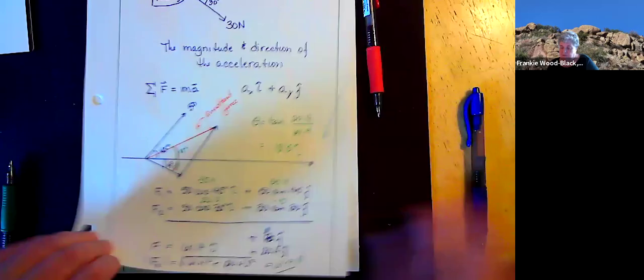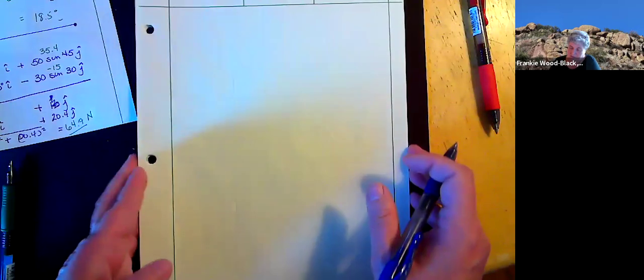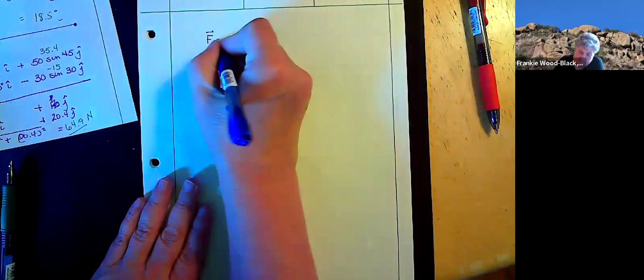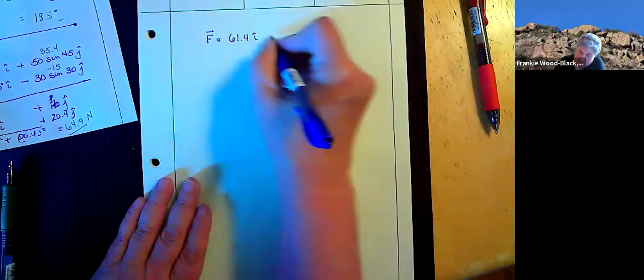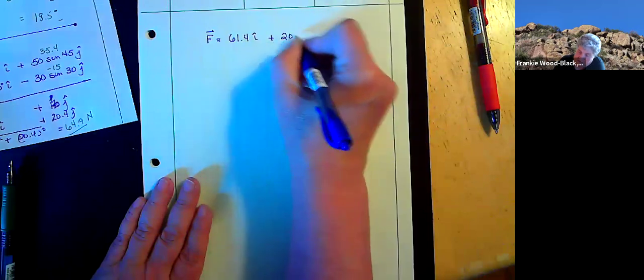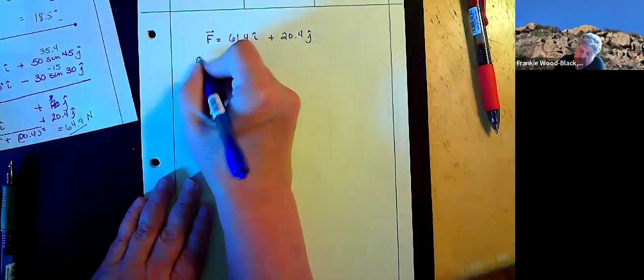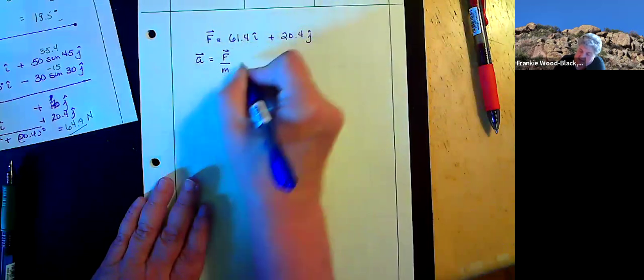So now I've got my force vector, which is equal to 61.4 I plus 20.4 J. My acceleration vector is going to be my force vector divided by the mass.